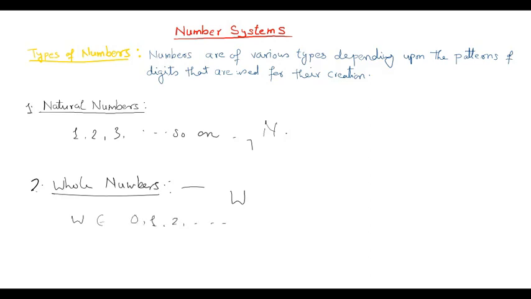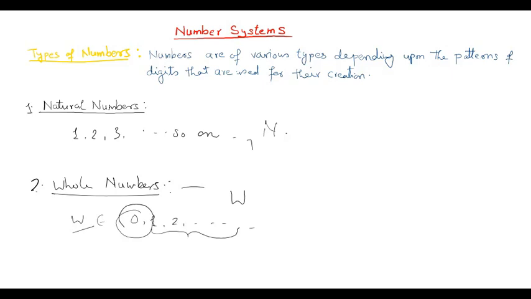Since 1, 2 and so on are the natural numbers, we can say all natural numbers are whole numbers, but not all whole numbers are natural numbers. Why? Because here 0 is also included with the natural numbers.